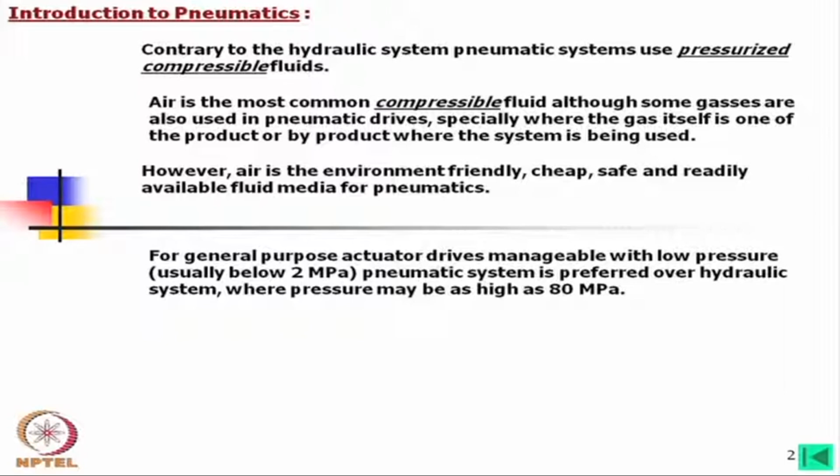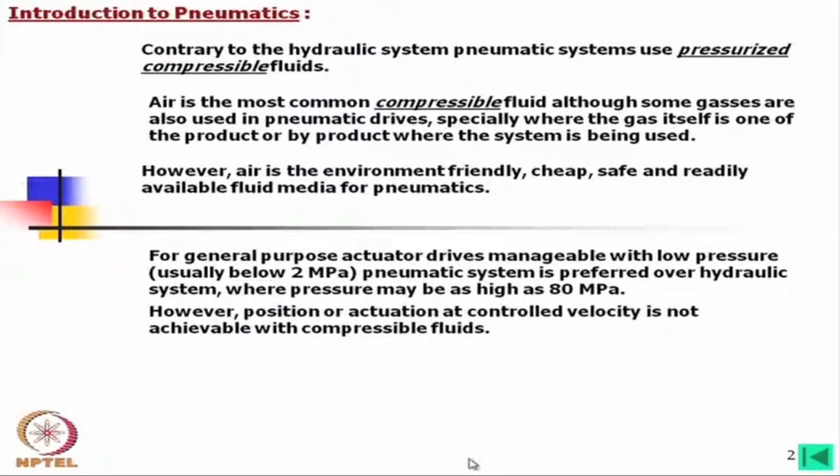Pneumatic system is preferred over hydraulic system where pressure may be as high as 80 megapascals. This means that in hydraulic system we can go up to 80 megapascal, but in normal case, as you know, in oil hydraulics 20 to 25 megapascal is very common. 80 megapascal is a very special application, but it is possible there.